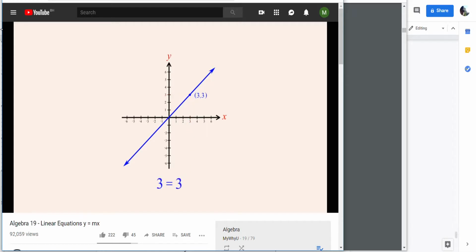Therefore, the point whose coordinates are 3, 3 lies on this line. On the other hand, we can confirm that the point 4, 3 does not lie on this line, since substituting these coordinates into the equation creates a false statement.